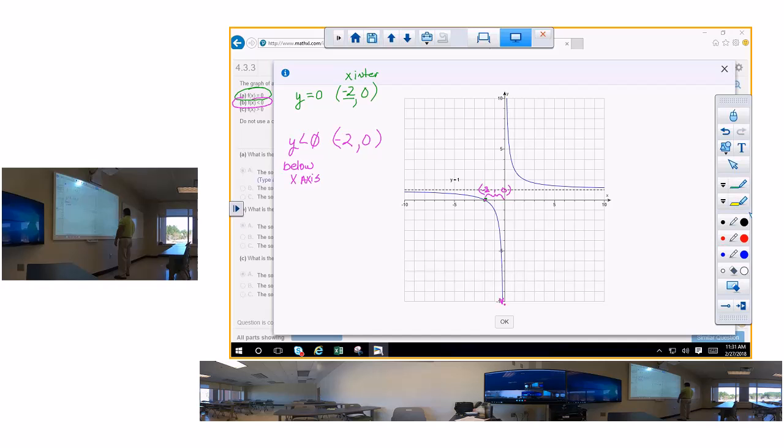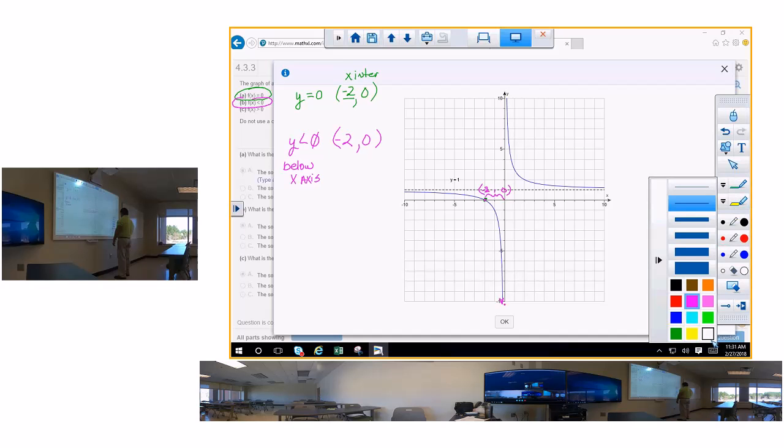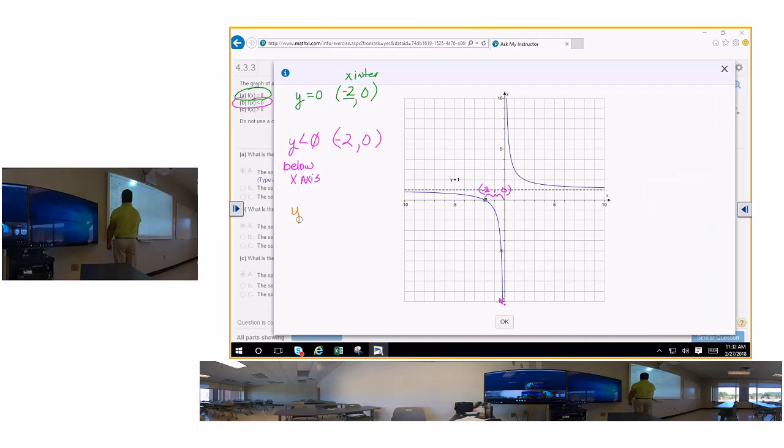Okay, so I'm going to do this in orange. Okay, so they want to know, when is y greater than 0, meaning above the x-axis.